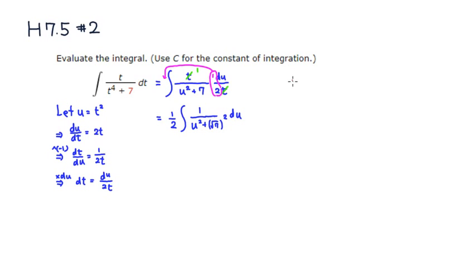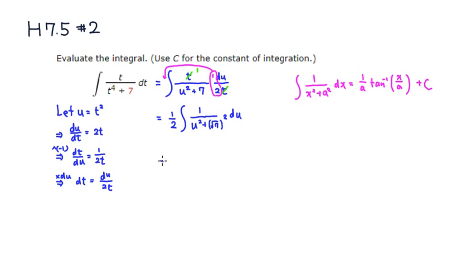So remember that the integral of 1 over x squared plus a squared with respect to x is 1 over a arctangent of x over a plus some constant c. So we can apply this.